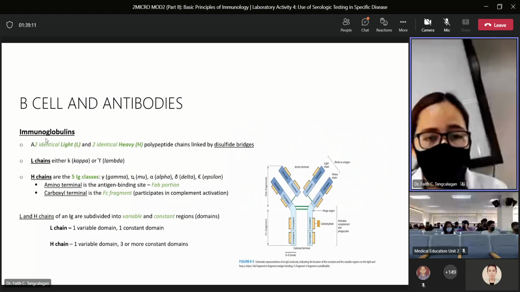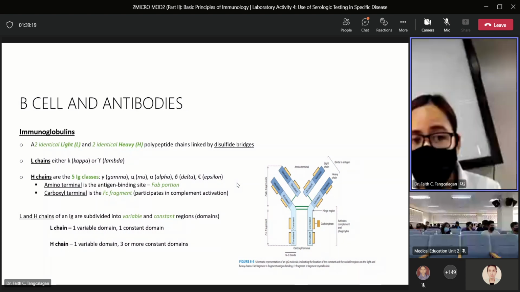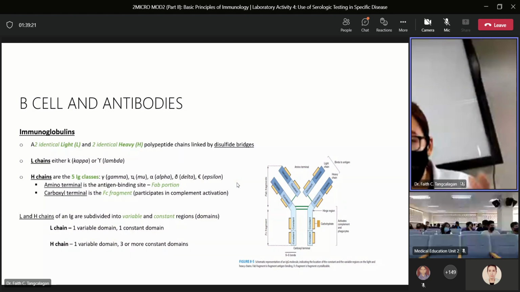Immunoglobulin has a structure you should familiarize yourself with. These are the parts of your immunoglobulin. It has two identical light chains and two heavy chains.